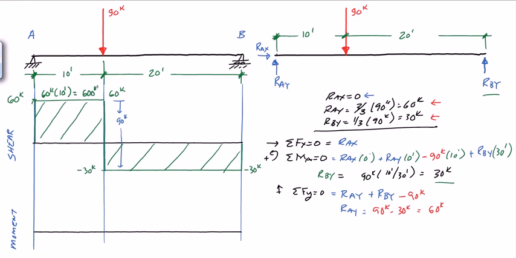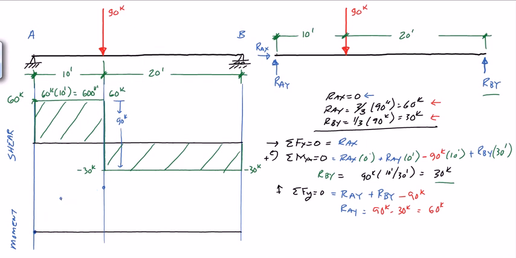The slope of the moment diagram is equal to the magnitude of the shear diagram. So when we go from 0 at this point up to a moment of 600, the question is how do we get there? Do we go in a straight line? Does it curve up? Does it curve down? Not sure which way it goes. So let's look at the shear diagram.